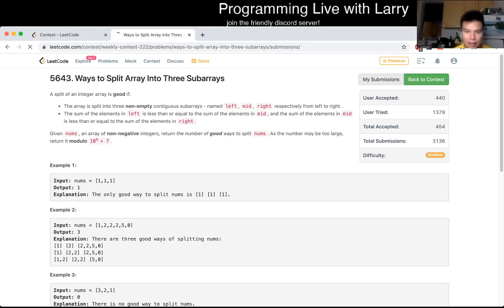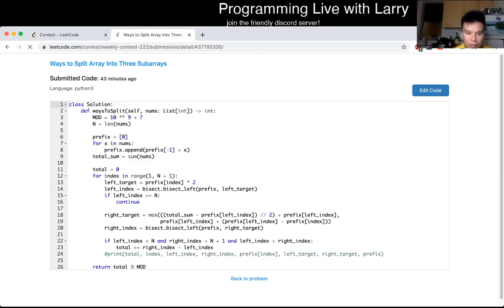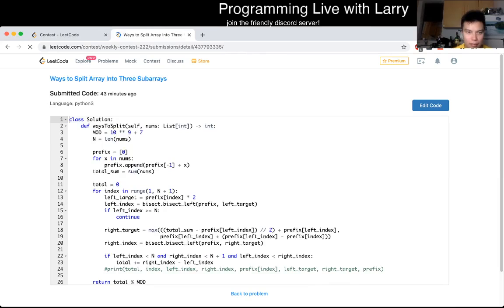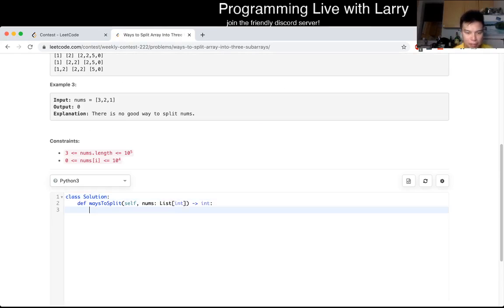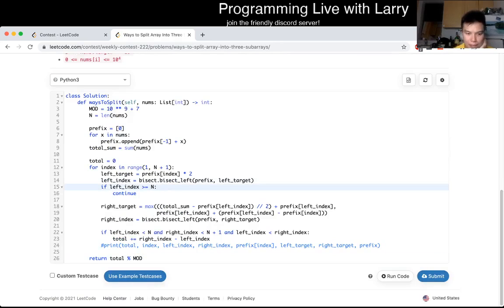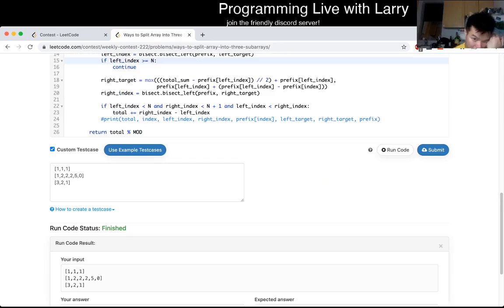What happened? I clicked on this and then I edited it. I don't know what happened, but so I think this is right for non-zero. So can I handle the zeros in a clean way?